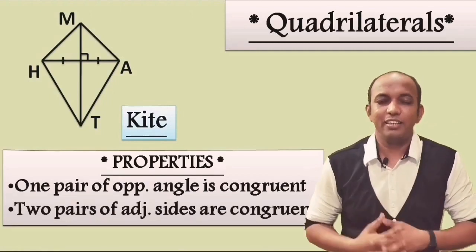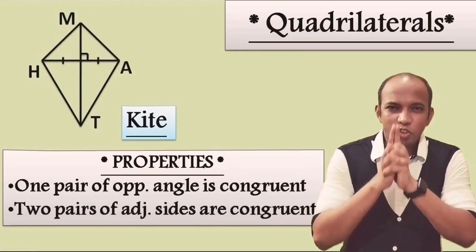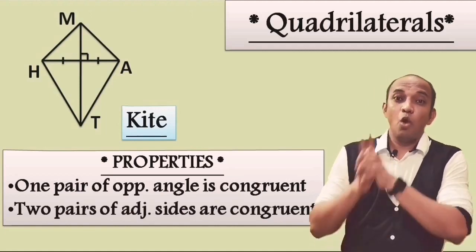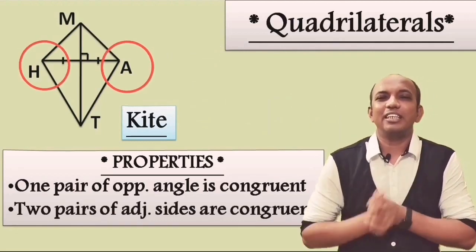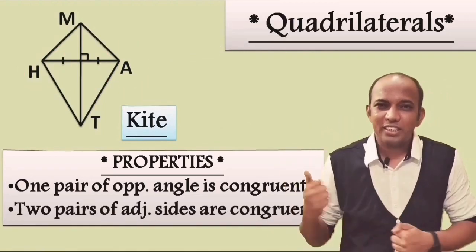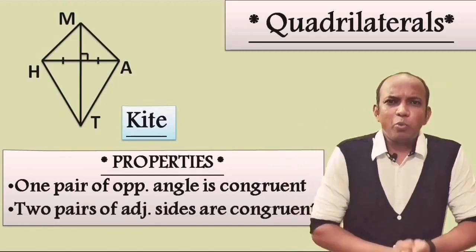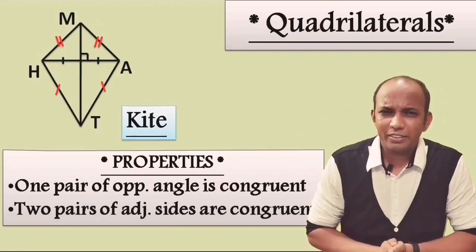After that, only one pair of opposite angles is congruent. Keep it in mind, only one pair of opposite angles is congruent. And the second property says two pairs of adjacent sides are congruent to each other, the way you are looking in the diagram. So boys and girls, these are the three main types of quadrilateral.